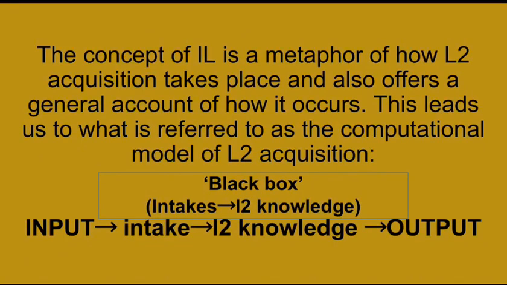Eventually, the L2 knowledge is used by the learner to produce spoken and written output, which is, of course, the learner language or the interlanguage. So that explains the figure we have on slide 13.